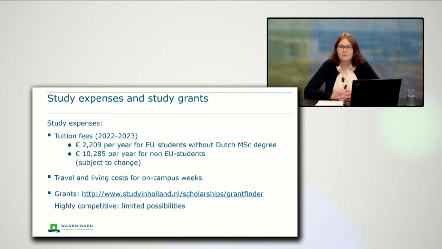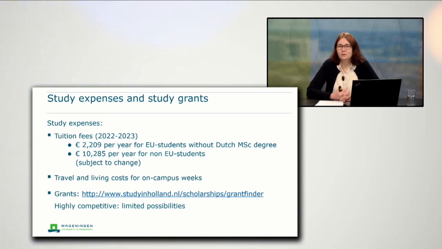Then another important block of information: obviously it's a university level study program, so you need to register, and that comes with study expenses. The tuition fees for European students for the upcoming academic year 22-23 is 2,200 euros per year.